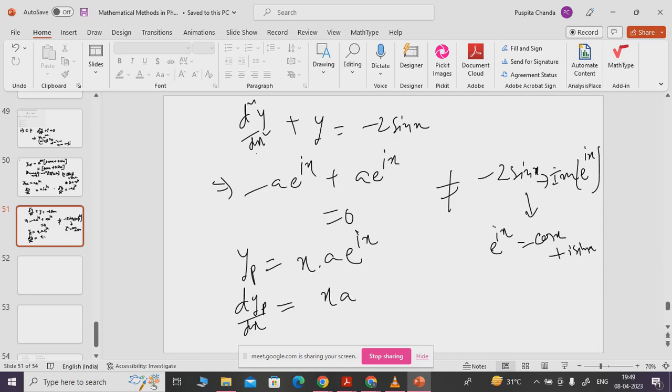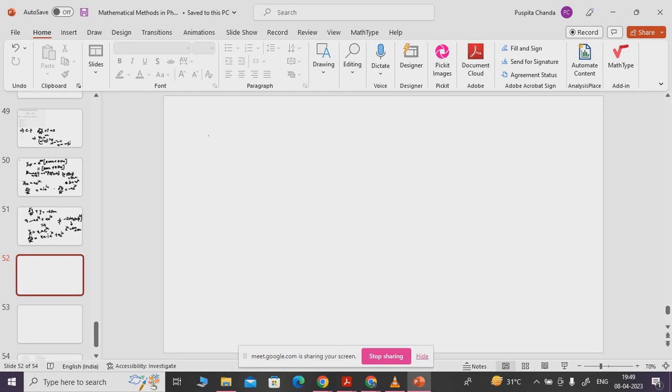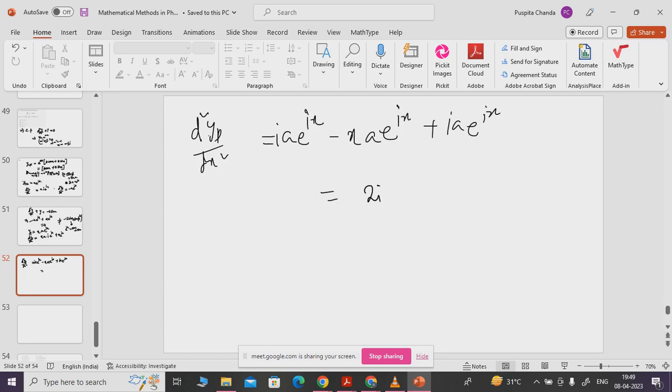So here dy_p/dx will be x a i e^(ix) + a e^(ix). d2y_p/dx² will be a e^(ix) i - x a e^(ix) + i a e^(ix), so it will be 2ia e^(ix) - xa e^(ix).